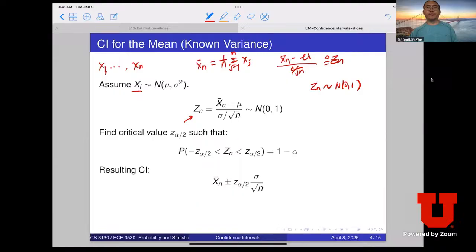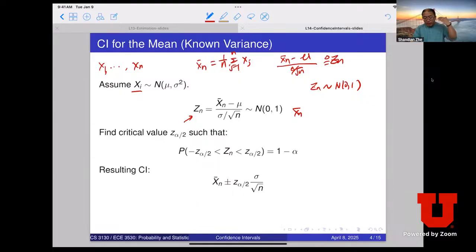Why is that the case? Why is that true? So first, Xn also follows a Gaussian distribution, right? We talked about that before. If you have a set of Gaussian random variables and linearly combine them, the combination will also be a Gaussian random variable.